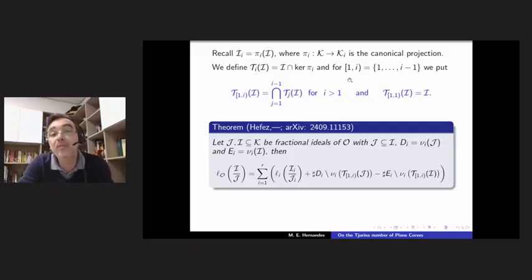And we use the interval notation to denote the natural numbers from 1 to i minus 1. So T of the interval denotes the intersection of all T_j, j from 1 to i minus 1. And by convention, we denote by T of the empty interval the whole fraction ideal.